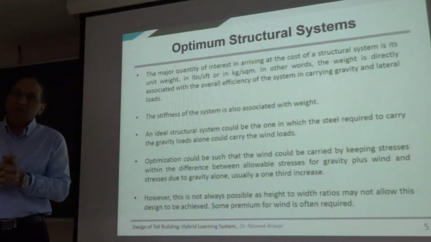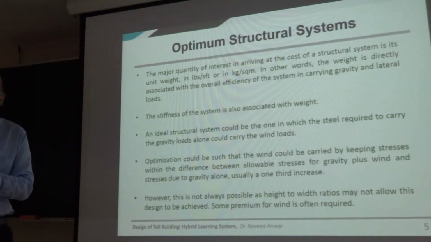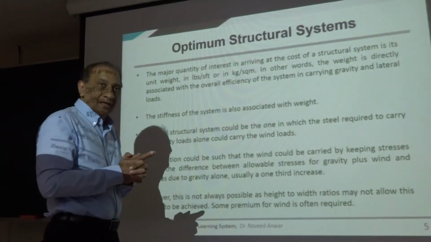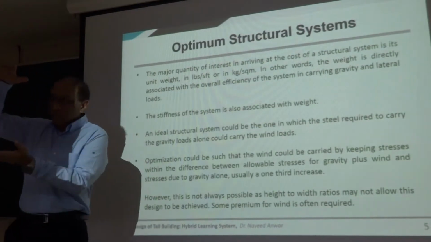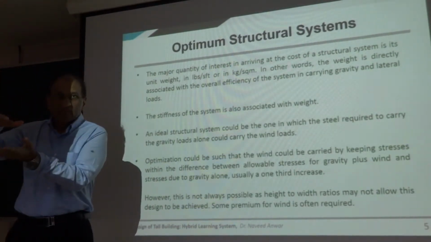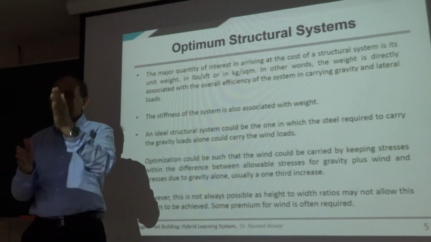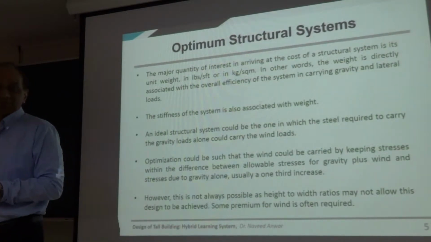And if that premium or that extra cost is too high, then your lateral load resisting system is not that good. So first of all, optimize the gravity system, right? And then start the horizontal system and try to keep it a minimum addition, right?